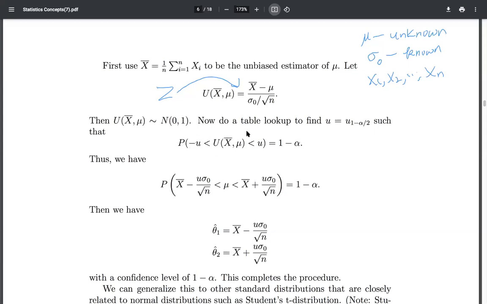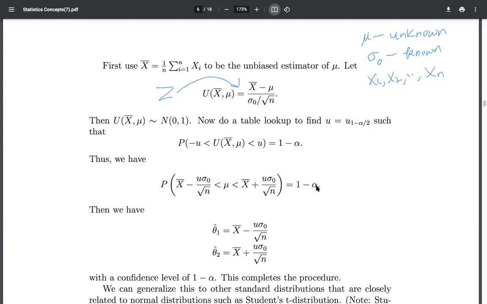Then I want to compute this. By looking at the table, I check the table and get the value, let's call that u. Then you plug this in here, and I get the lower bound is this and the upper bound is this. It gives me the confidence level of 1 minus alpha.